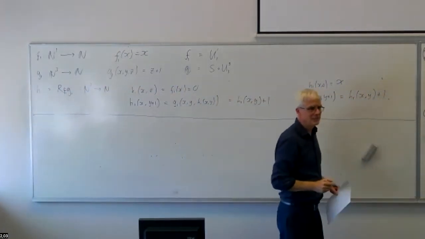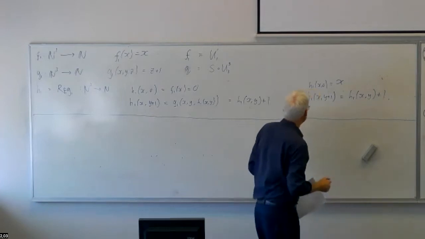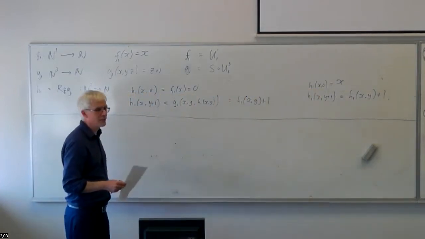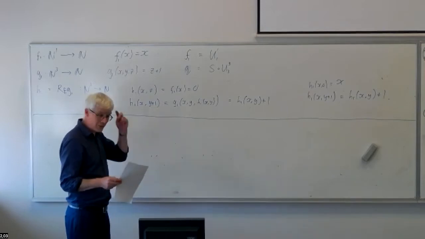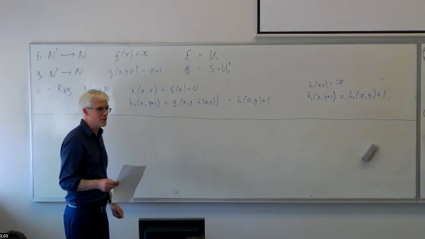Could we have got addition with the plus one in the first component? Yeah, you can. It would be a different definition. You can define it to work that way around as well, but it is still addition, and in the end you can prove that your addition is associative.